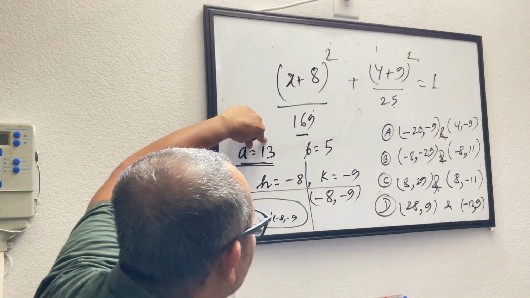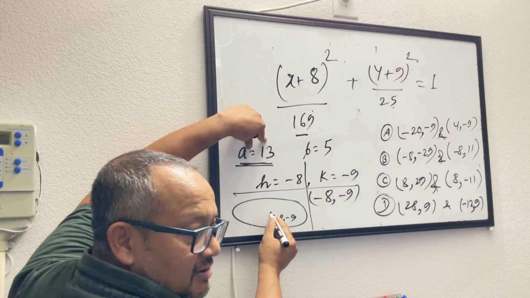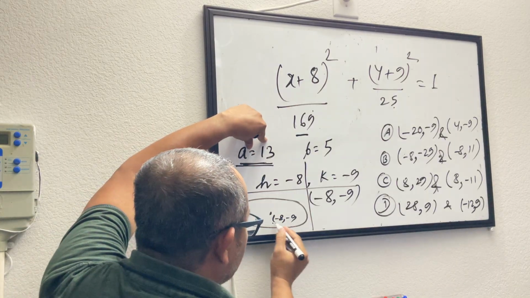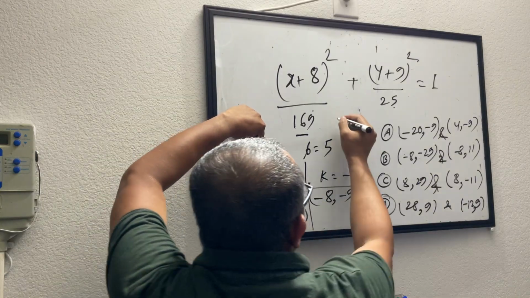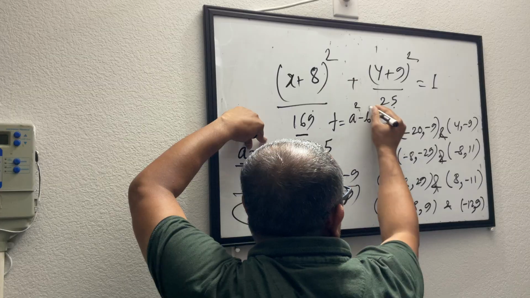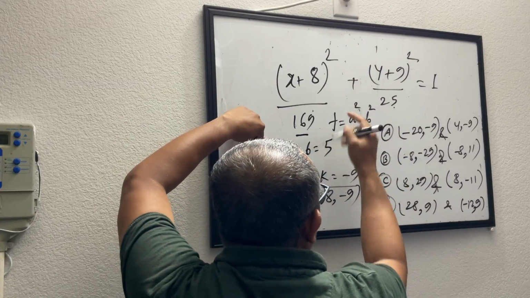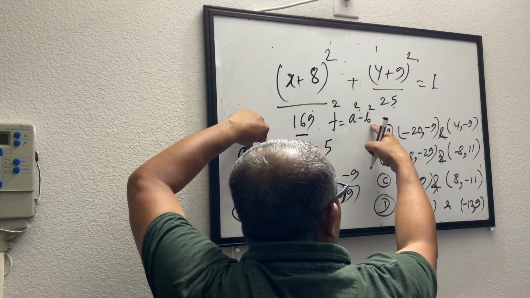We found a and b from the equation. We found the coordinates of the center of the ellipse, which is minus 8 comma minus 9. Now we need the focal length. Focal length square is major radius square minus minor radius square.